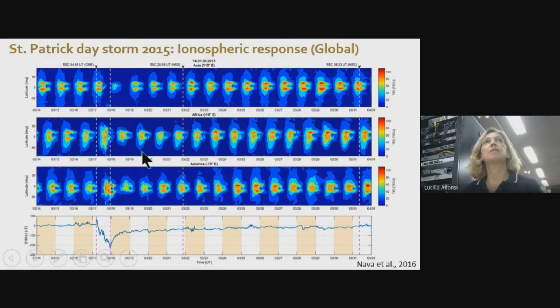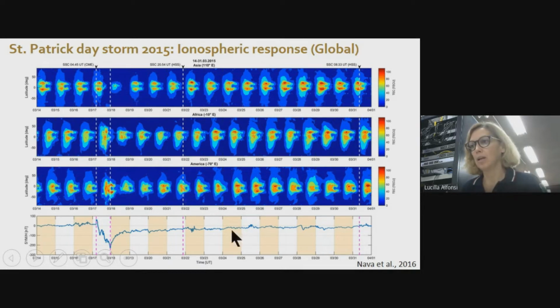And then an evolution that sees also an expansion and a shrinking of the crest latitudinal extension during the evolution of the storm.